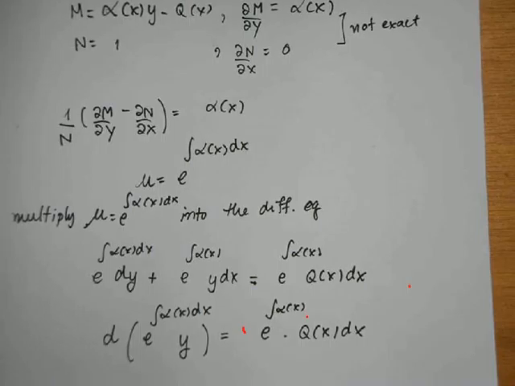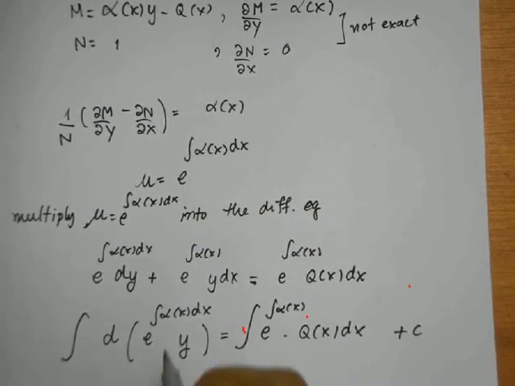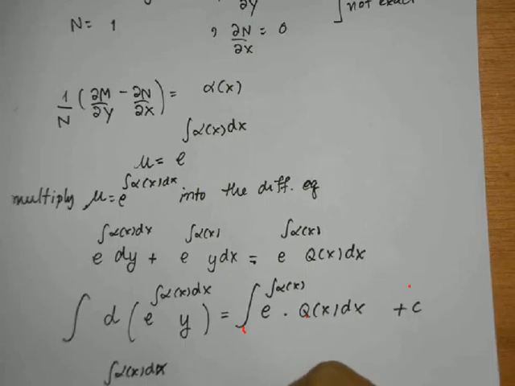To do the integral for both sides, we add the constant c. We would obtain the integrating factor times y equal to the integral of the integrating factor times q(x) dx plus c.